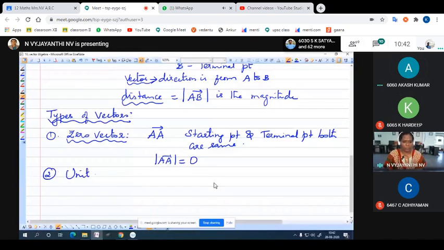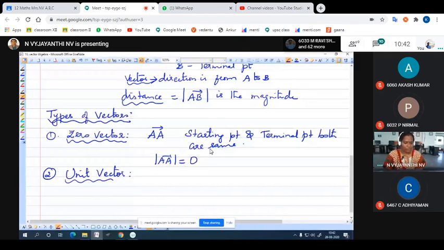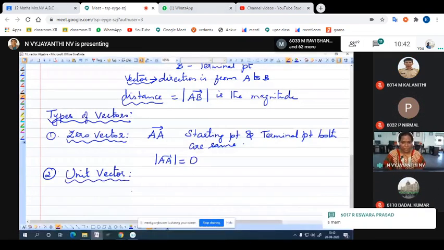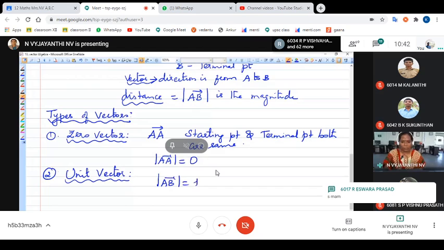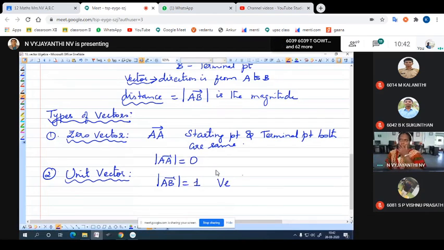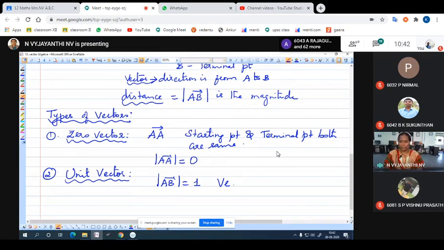What is the meaning of unit vector? Magnitude equal to 1. A vector whose magnitude is 1. So if we travel from mess to academic block, now from your hostel to academic block, mess to hostel, it will be 1 kilometer.